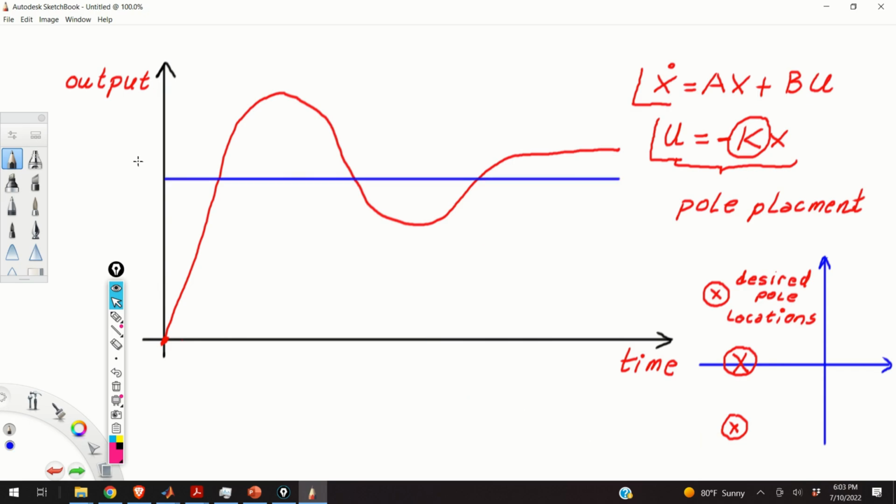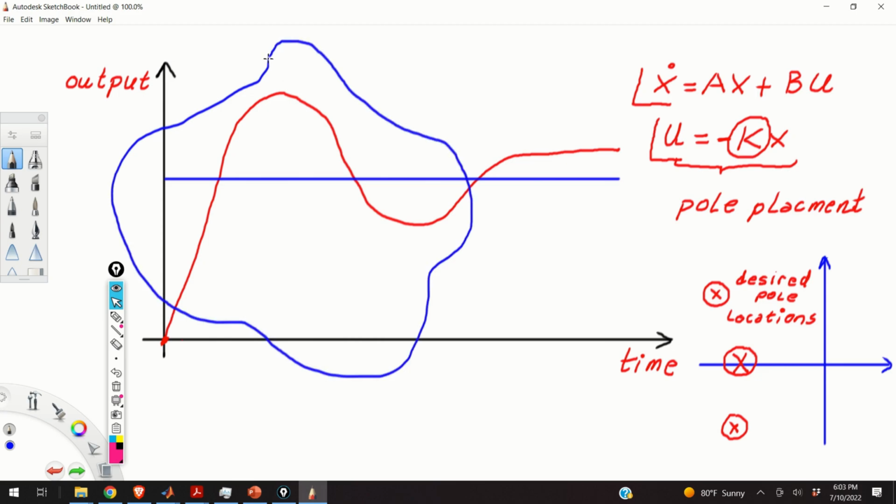So to repeat this important observation once more, the classical pole placement method can ensure that our transient response meets a desired specification. However, in most cases, the classical pole placement method cannot eliminate the steady state error.